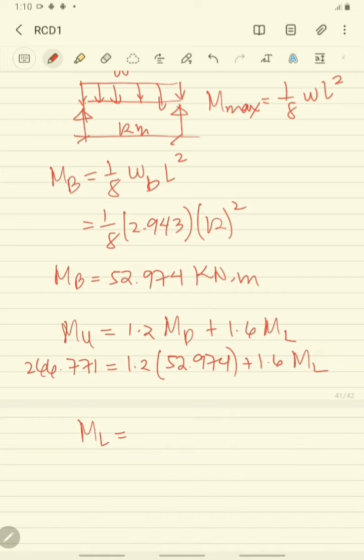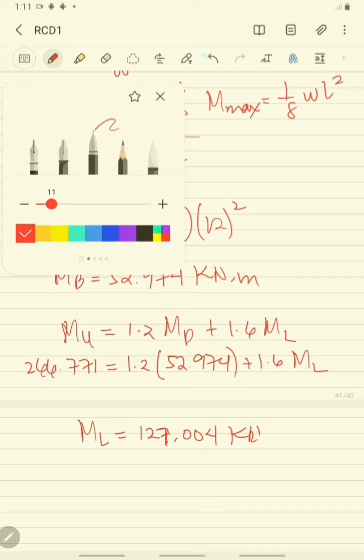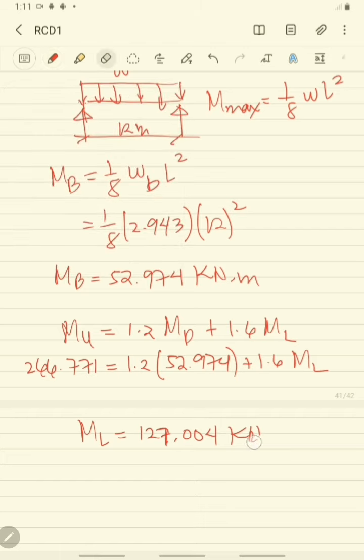For the moment due to live load, you have 266.771 minus 1.2 times 52.974, divided by 1.6.